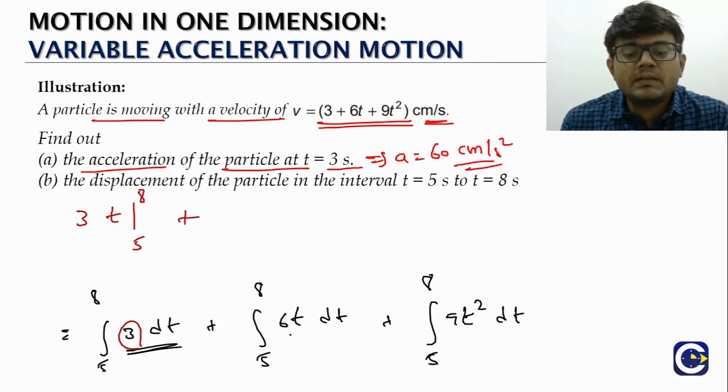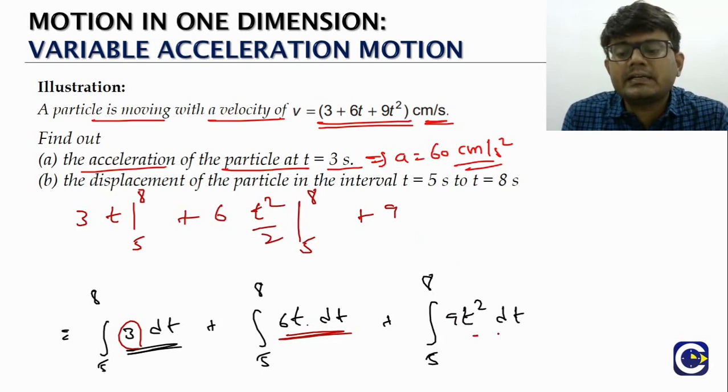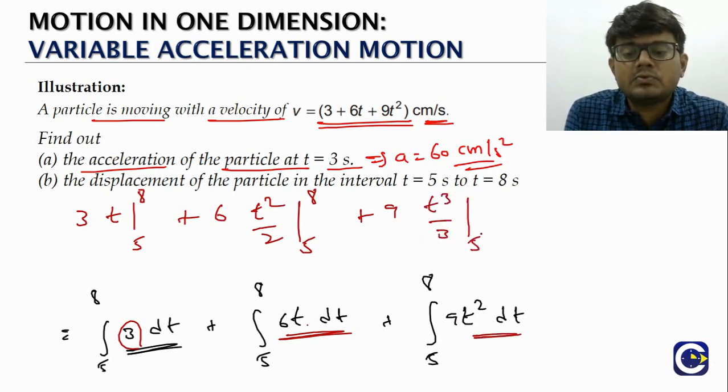Here 6t dt. So here if you look at it, 6 comes out because it is a constant. Integral t dt will be t square by 2. That also we have to substitute the limits. Okay. Then here 9 comes out. It's a constant. Integral t square dt will be t cube by 3. We have to substitute the limits.